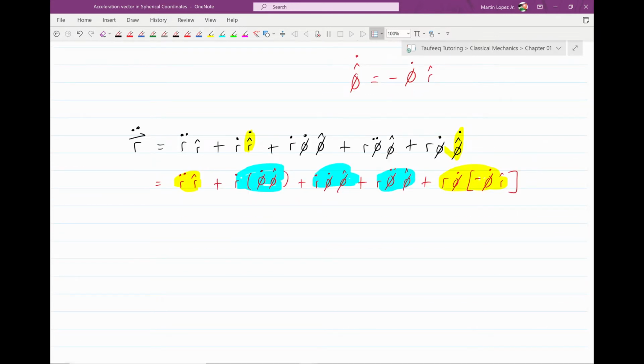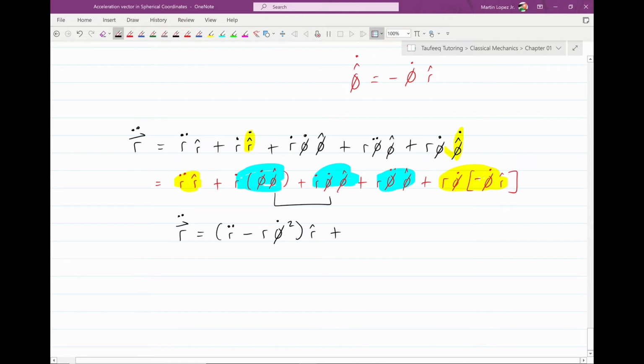So remember, this whole video is solving for the acceleration vector. Well, the acceleration vector is r double dot, which is what we have right now. So r double dot is equal to, and I'm going to factor out the r hat from both terms. So it's r double dot minus r phi dot squared r hat plus, okay, these two terms are the same.